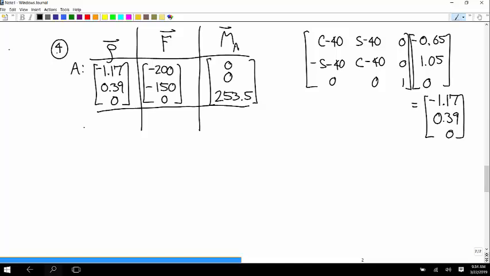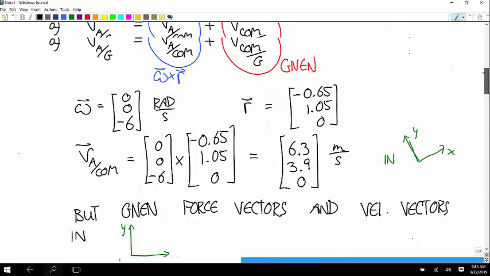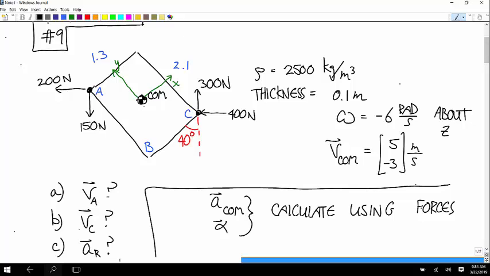Okay, so now the other force is at the point C. Notice that C is just exactly across the origin from A. So that vector is just going to be the opposite signs.